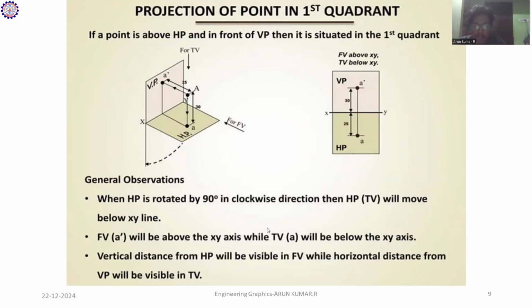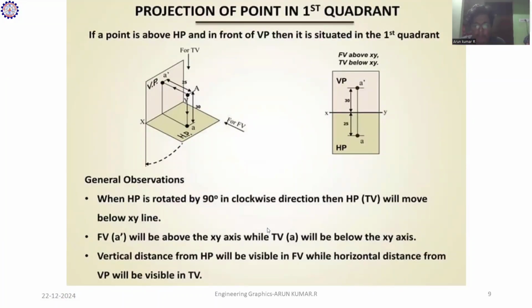The vertical distance from the HP is visible in the front view, while the horizontal distance from the VP is visible in the top view. The left side image shows the pictorial diagram and the right side image shows the orthographic diagram. Pictorial is three-dimensional, and orthographic means two-dimensional. This is the basic understanding of how to solve problems based on projection of points.